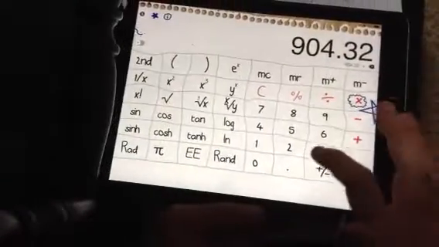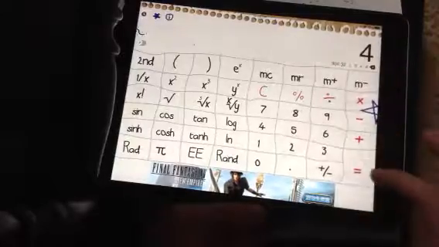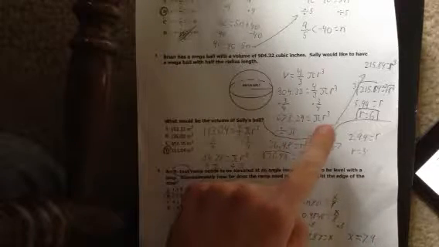Times 3/4 equals 678.24, which I have down here. So 678.24 equals pi r cubed. So divide by pi, because it's being multiplied by the r cubed on this side, so we need to divide it to separate it from that r.